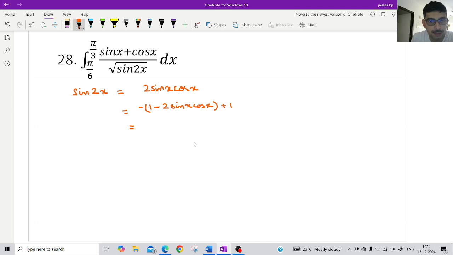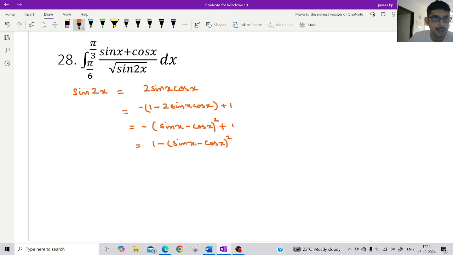So when we expand this one, it will become plus 1 minus 1 plus 1, that is 0, then minus of minus, and this bracket we can write as sin x minus cos x whole square, plus 1. So sin 2x we are writing as 1 minus sin x minus cos x whole square.